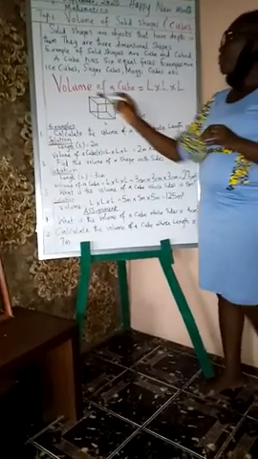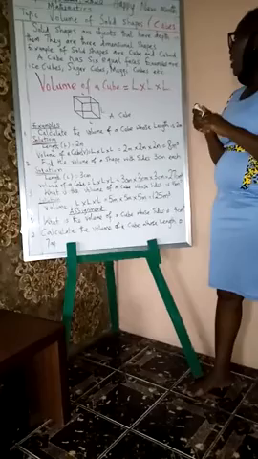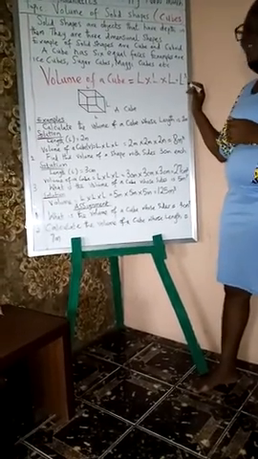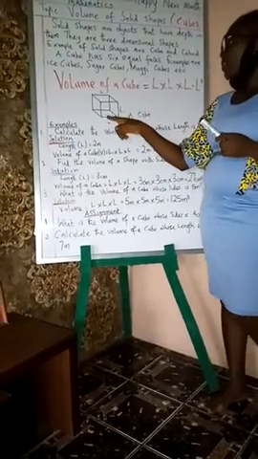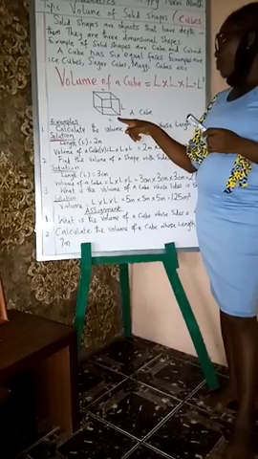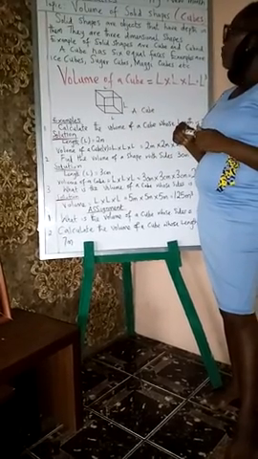The formula for the volume of a cube is L times L times L, making L raised to power 3. If you remember previously when we did indices. Now this is the shape of a cube. Our focus again is on the volume of a cube.